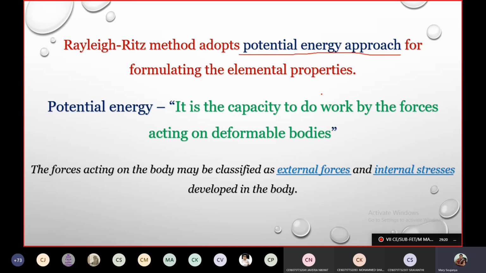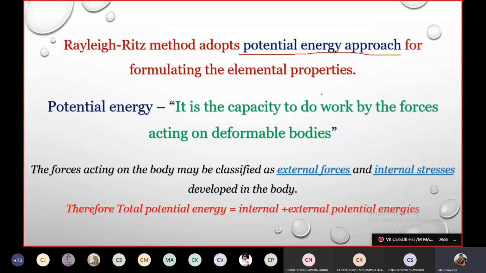All right. So the forces acting on the body can be classified as internal forces or external forces. I'll take both into consideration and make this equation: total potential energy is equal to internal plus external energies.